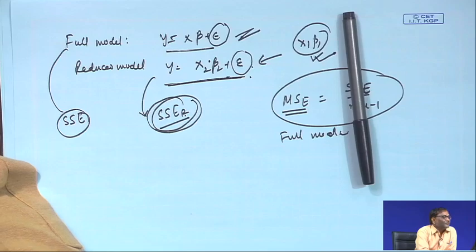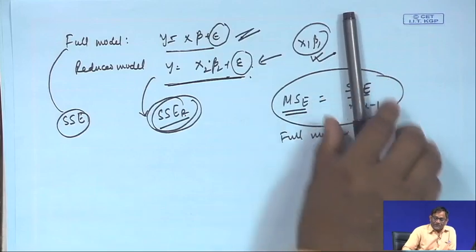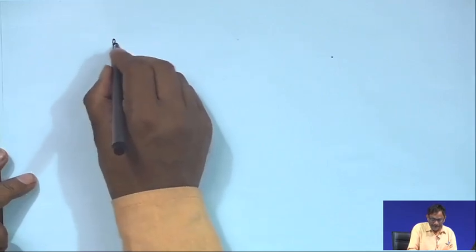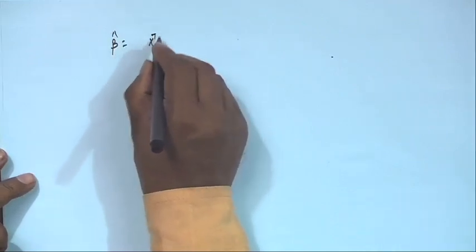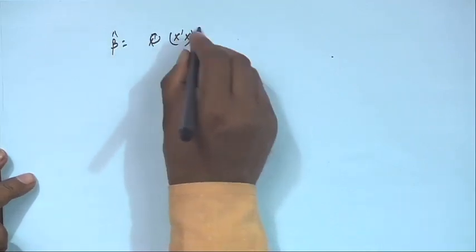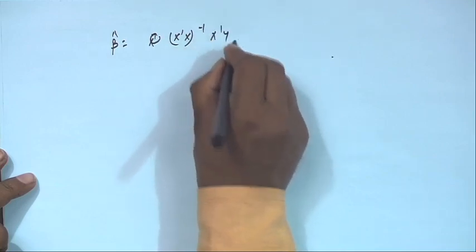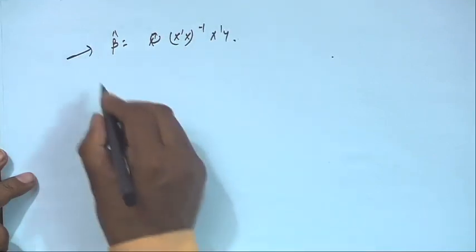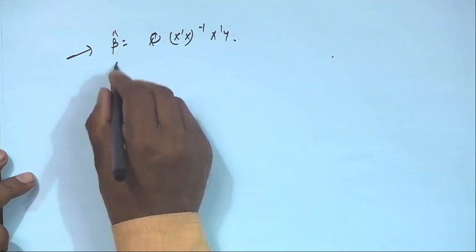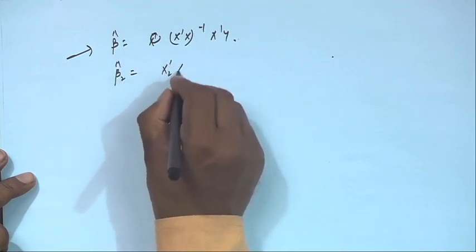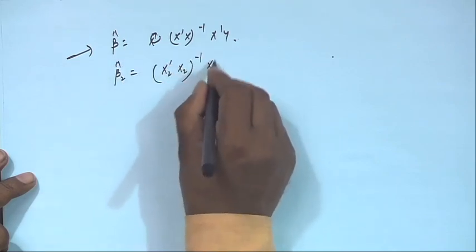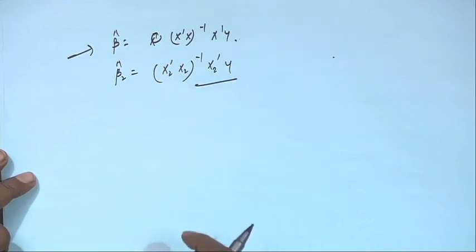So, go to the slide and see the slide. Beta cap equals x transpose x inverse x transpose y in the full model. Now, in the reduced model, beta 2 cap will be x2 transpose x2 inverse x2 transpose y.